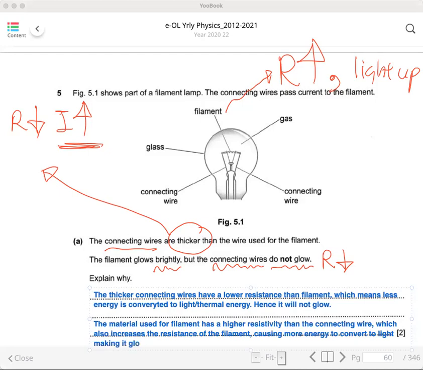Is that clear? All right. If you understand this, give me a yes reaction. Then we go through one last question and then we are done for today.